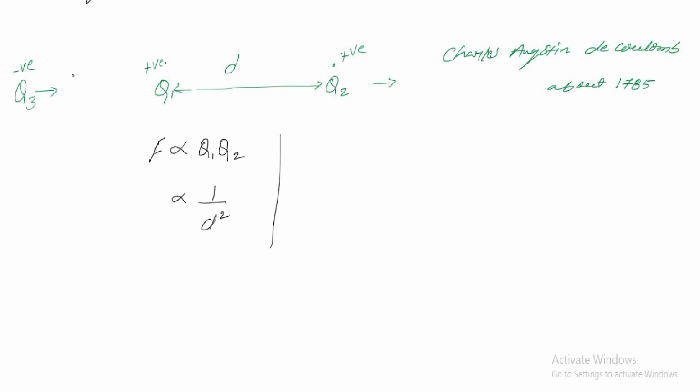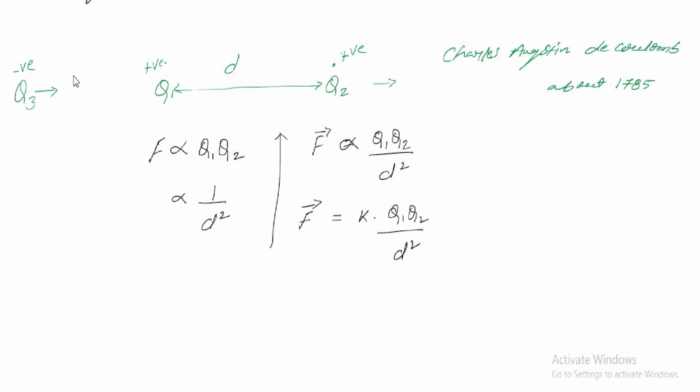So here we can write F is proportional to Q1 Q2 by d square. The proportionality constant is replaced by K, so F equals K Q1 Q2 by d square. A vector has magnitude and direction.